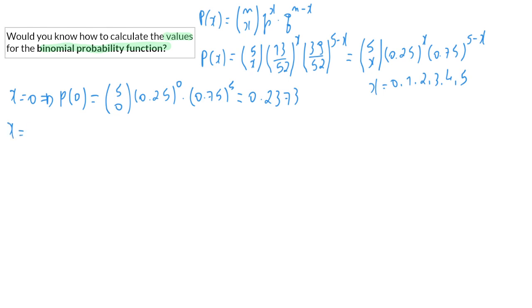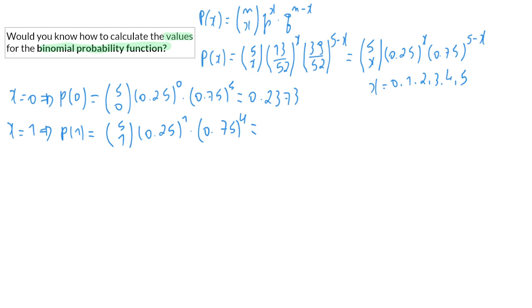X equals 1 implies the probability of 1 equals the binomial coefficient times 0.25 to the power of 1 times 0.75 to the power of 4.